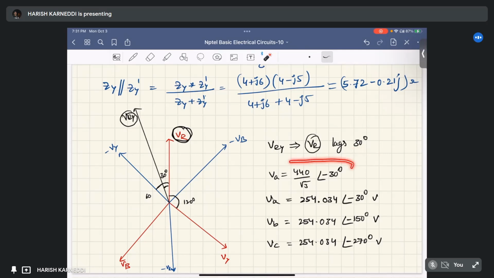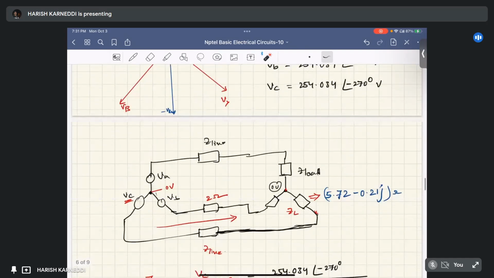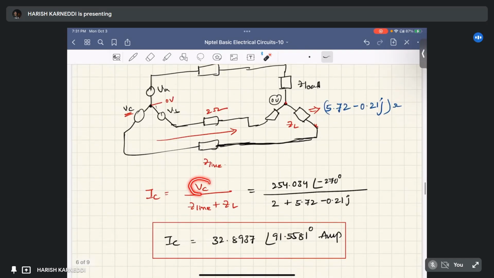That's why, to convert the line voltage to phase voltage, we added minus 30 degrees. So we got the phase voltage, and we have Z line and Z load. We simply applied KVL, or simply Ohm's law: voltage divided by the total impedance, that is Z line plus Z load.